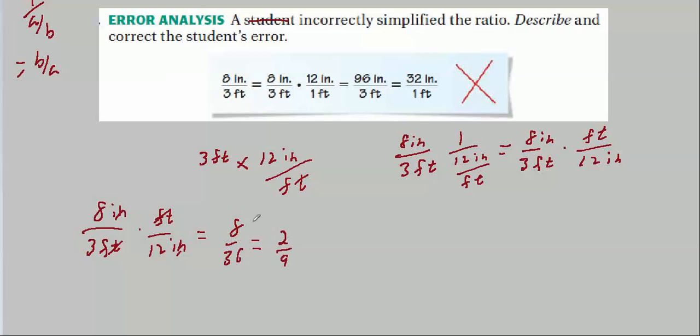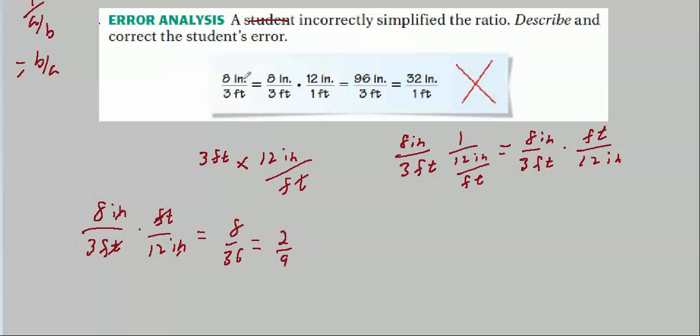And when we simplify 8 over 36, we get 2 over 9. Most of the time in ratios, it's better to simplify it. Drop it down to its lowest form.